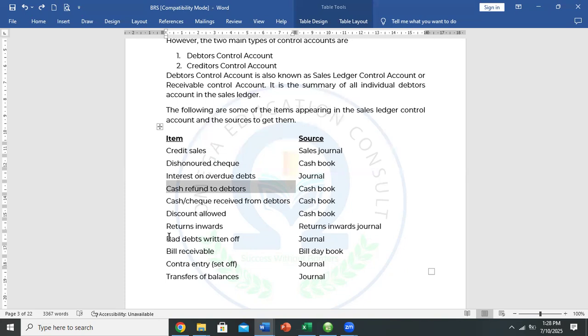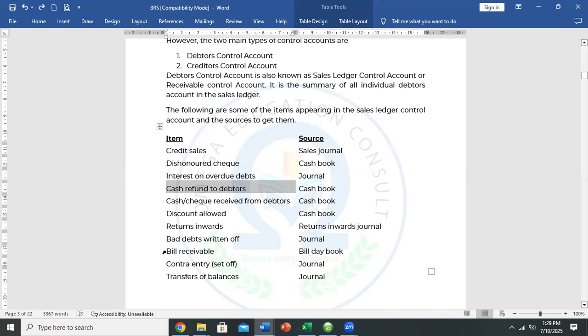For example, if the person unfortunately dies, then it becomes difficult to collect your money. So the debt becomes bad because the debtor is dead. It's also possible the debtor can go mad or insane, and I've never seen people chasing mad people for their money.